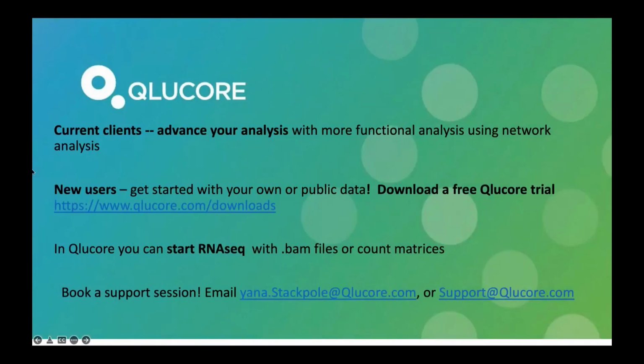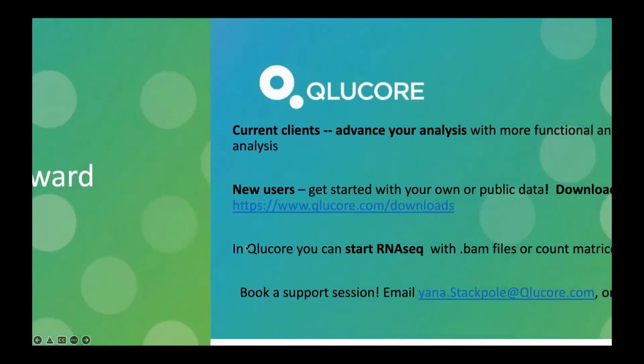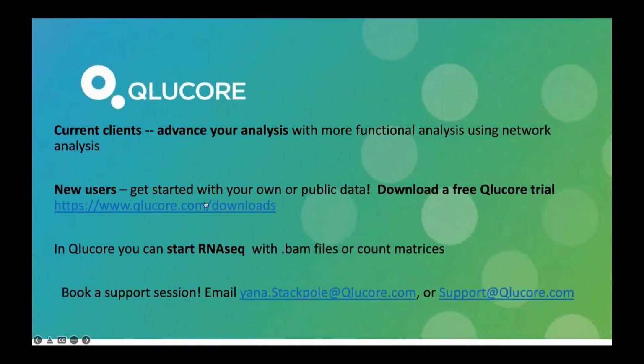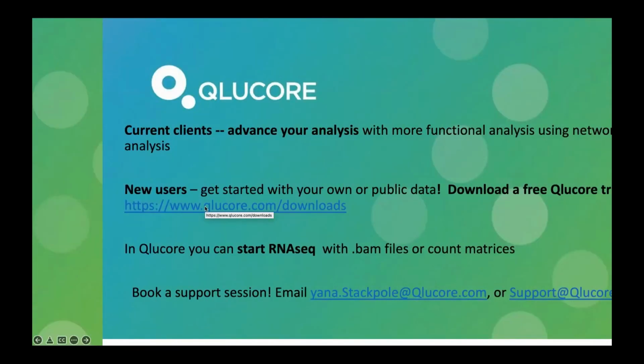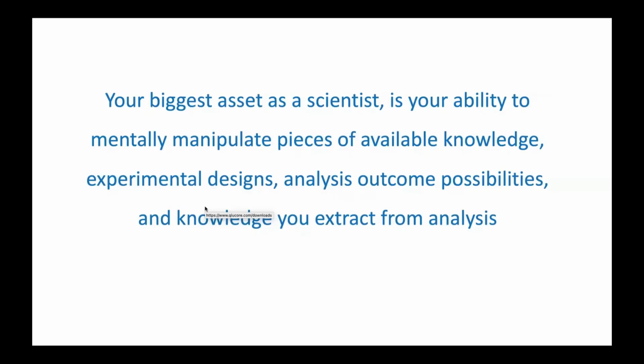And for new users, you can download a Qlucore trial on qlucore.com. With RNA-seq data in Qlucore, you can start with either a matrix of counts, normalized counts being the best option, or BAM files with a GTF file bundled together.